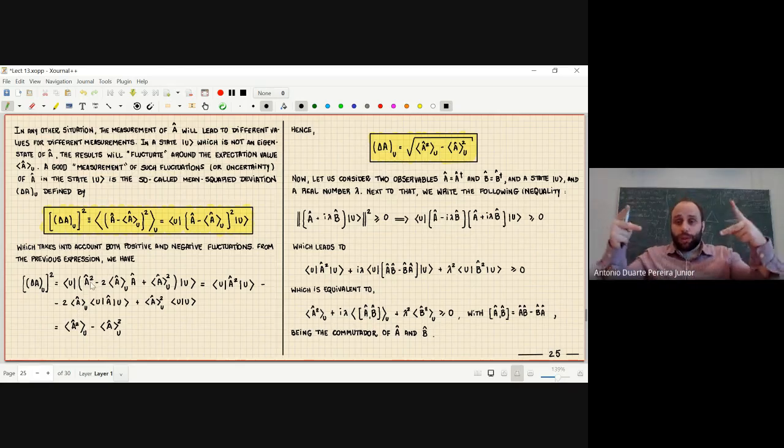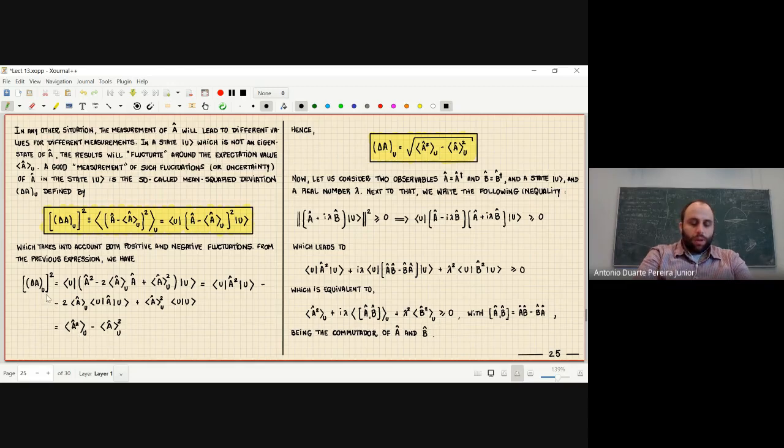But be careful: you take the expectation value and then you square. This is typically different from squaring the operator and then taking the expectation value, which is what we see in the first term. So the first term will be the expectation value of A squared in the state u, and I write it here. The second term will be minus 2 times the expectation value of A in the state u, squared, plus the expectation value of A in the state u, squared. So I can simplify one term here with one term here. Then I get this result.